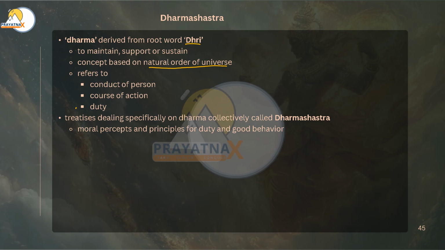So dharma shastra are basically scriptures that include moral precepts and principles for religious duty and good behavior. Now, in the past, the kings basically imposed rules as a part of the religious duty, and then they created parameters for their societal and religious code of conduct.